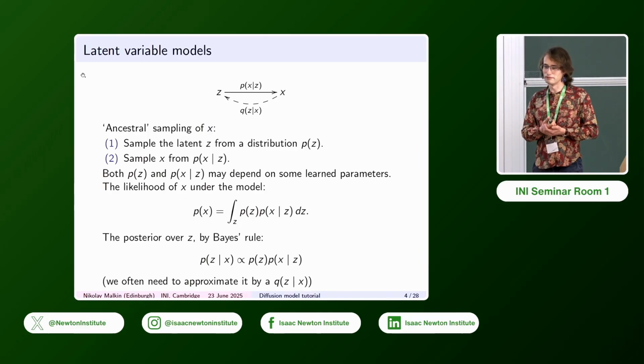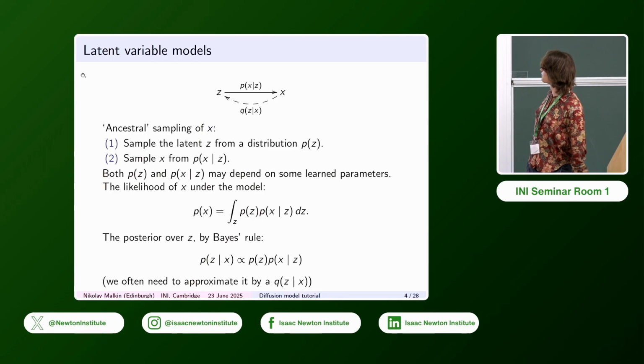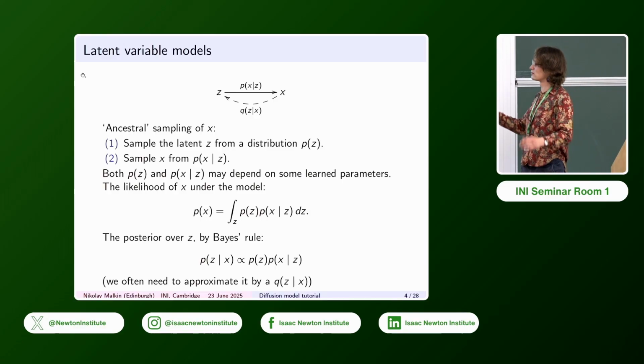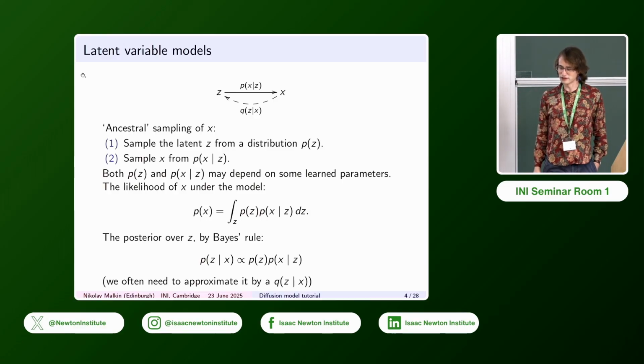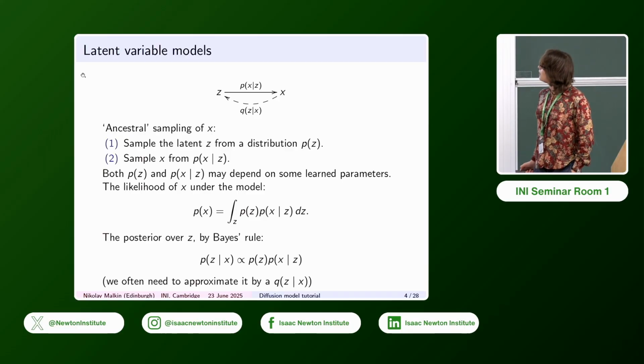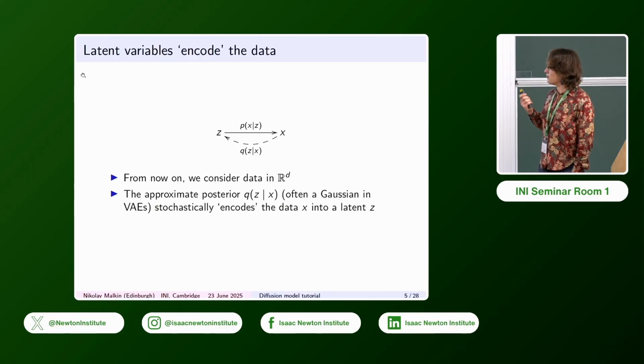And this posterior may be intractable for general forms of the model, and we often want to approximate it through amortization or sampling techniques. Right, so we can think of the posterior in a latent variable model as an encoder, so it gives us a hidden representation of the observed data.